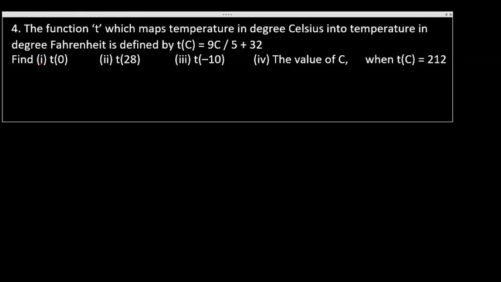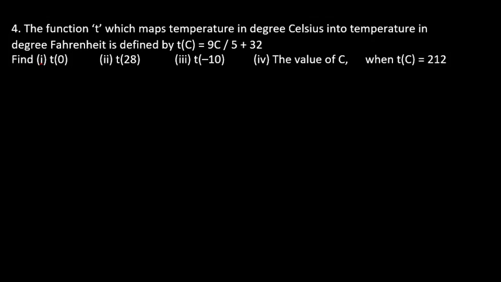The function T, which maps temperature in degrees Celsius into temperature in degrees Fahrenheit, is defined by T(C) equals 9 upon 5 times C plus 32.